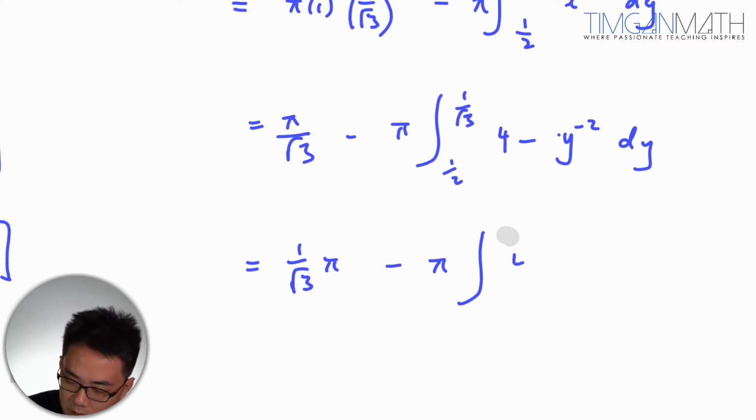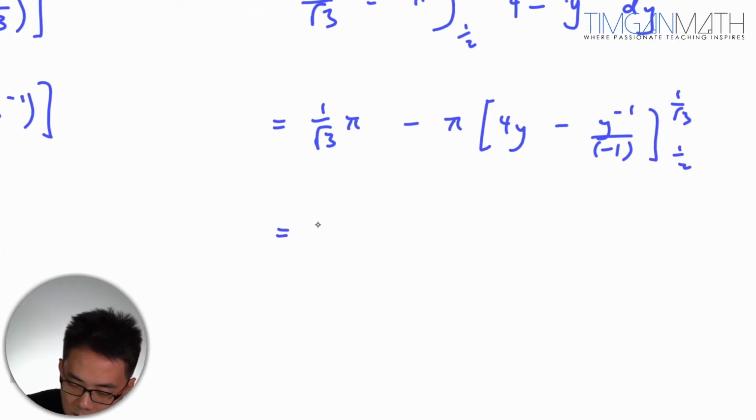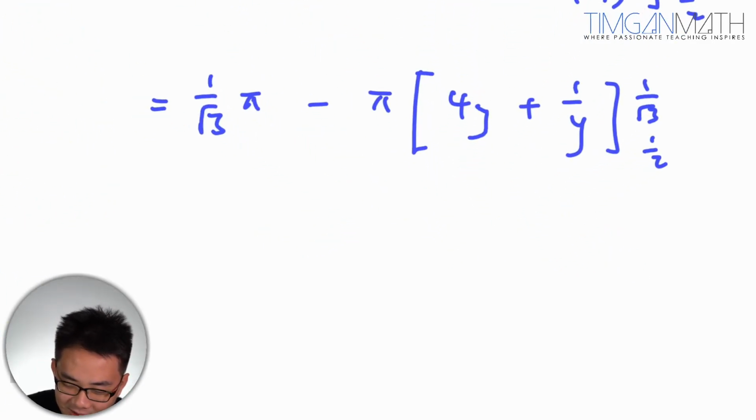Going to integrate straight. This is 4y plus 1 over y. Okay, so this case here, done. There you go. Oh my goodness, a lot of things going on here.